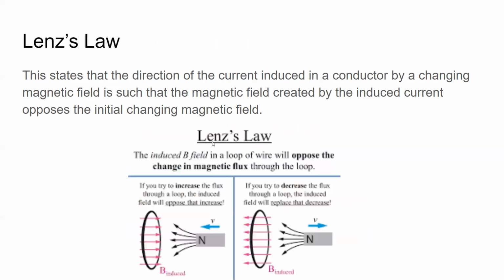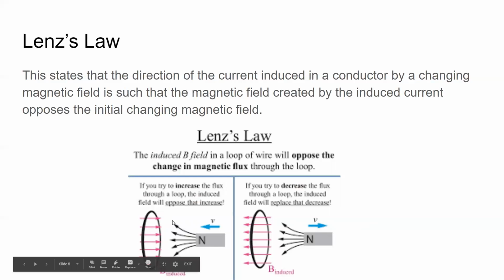which, as we move on, is Lenz's law, which states that the direction of the current induced in a conductor by a changing magnetic field is such that the magnetic field created by the induced current opposes the initial changing magnetic field. So, as you can see in this diagram, if you try to increase the flux, the induced field will oppose that increase.